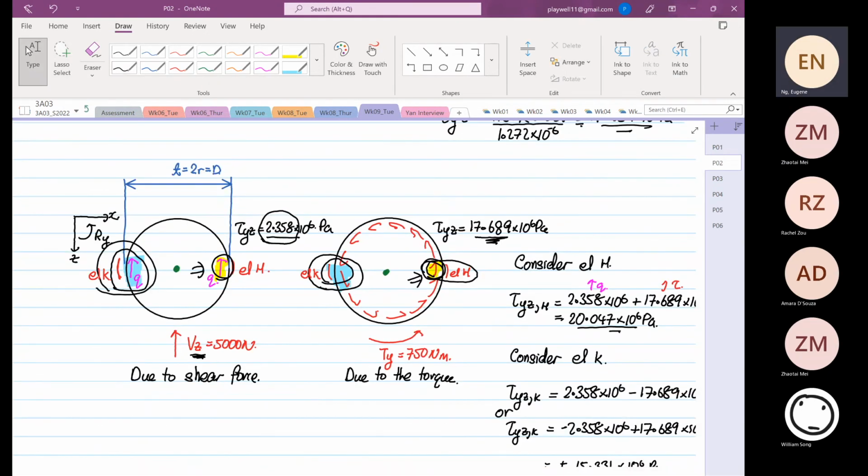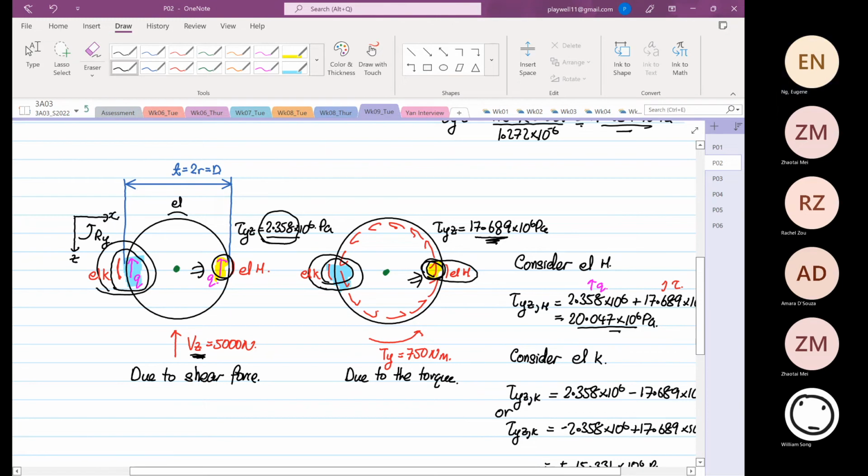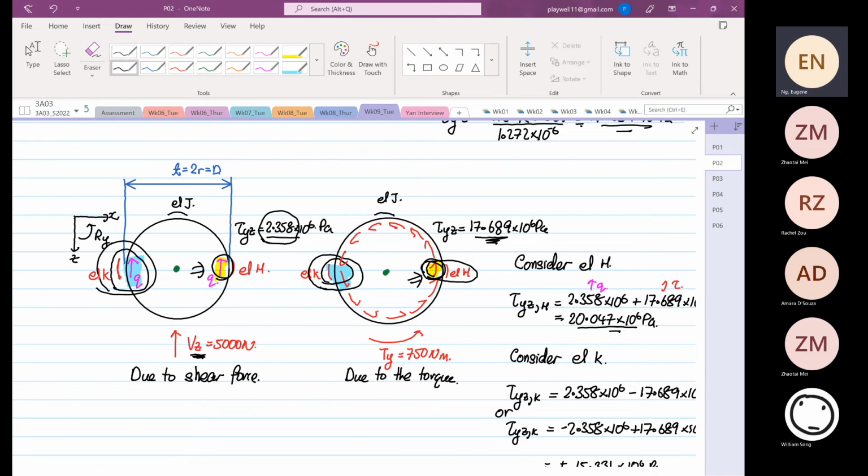Now you have over here an element. So element H, I, so I call it element J. Okay, so this is a classical question that you'll be figuring out also.